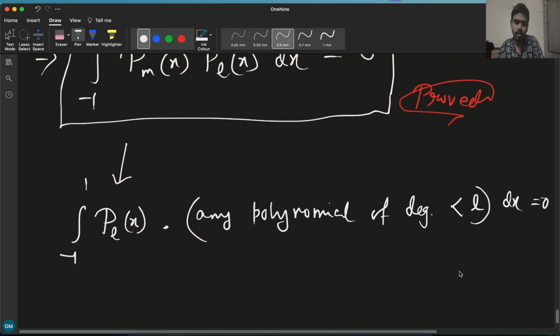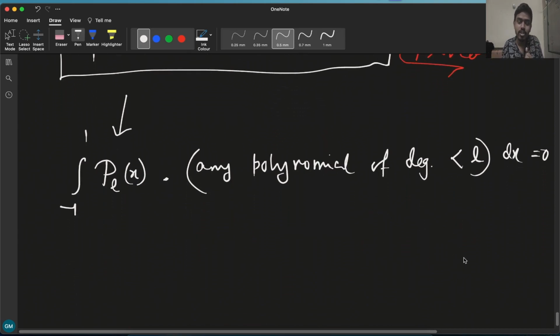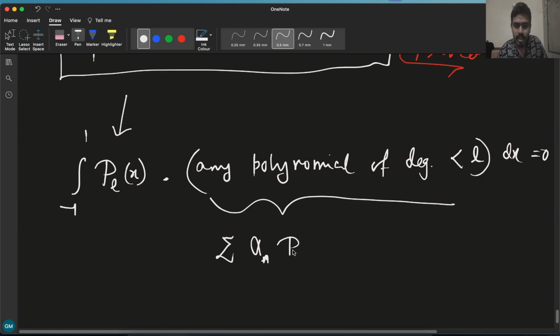Okay, you can easily show this if you have solved the homeworks I gave from the last class, because there I argued that any polynomial of degree less than L can be written as a linear combination of alpha n Pn(x), where n is going from 0 to L minus 1.